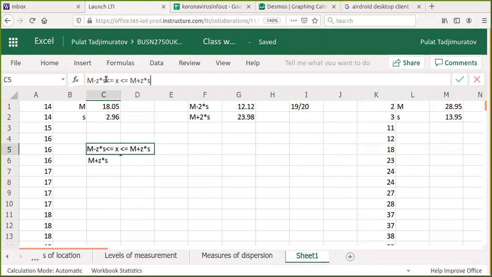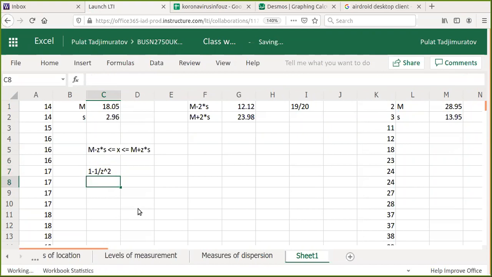So the percentage of numbers between those two will always be either equal to or more than 1 minus 1 over z squared. So here in our example, we took two standard deviations.